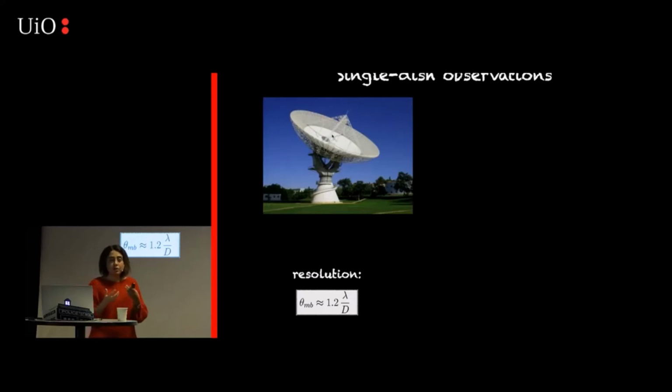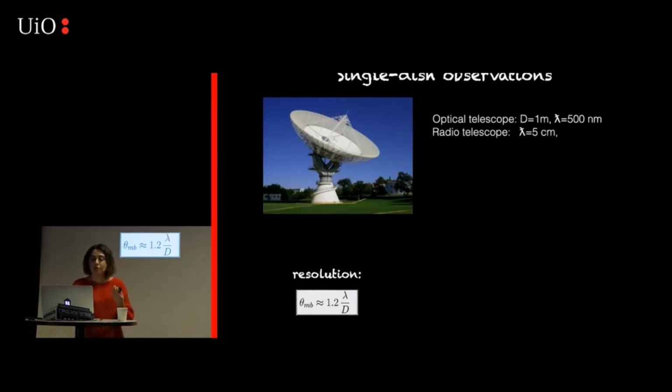Now, to give you some feeling about the resolution of observation, imagine that we want to have the same resolution as we have with an optical telescope. We have an optical telescope and we have a radio telescope.